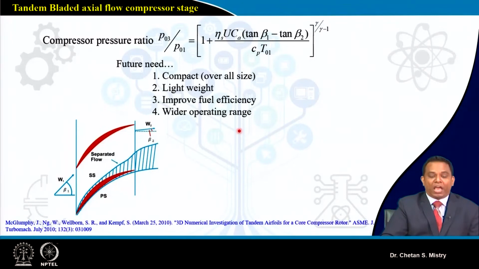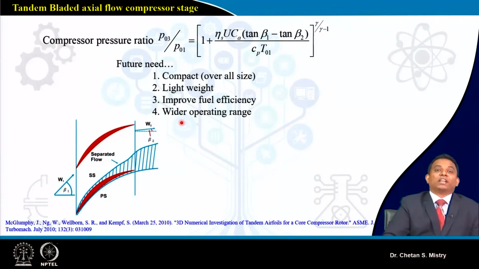Because these days we have a trend of compact engines, that means overall length needs to be low. We are looking for lightweight engines, improvement in fuel economy, and a wider operating range. Let me tell you again and again, axial flow compressor application to aero engines has these specific requirements. When I am talking about application for land-based power plants, they have some relaxation in these aspects.